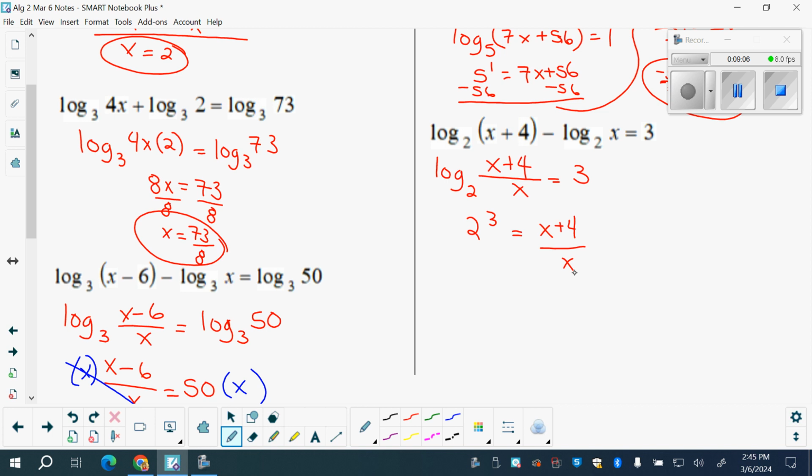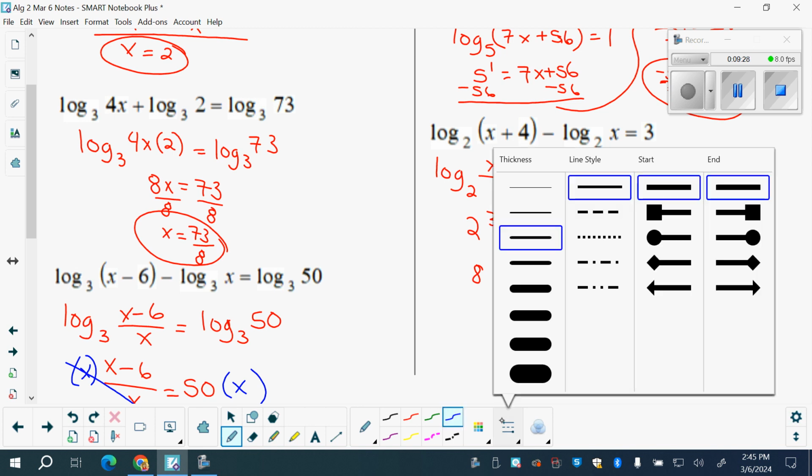So what is 2 to the third? 8. So 8 equals x plus 4 over x. And what next? You got to get rid of that denominator. So we multiply both sides by x.